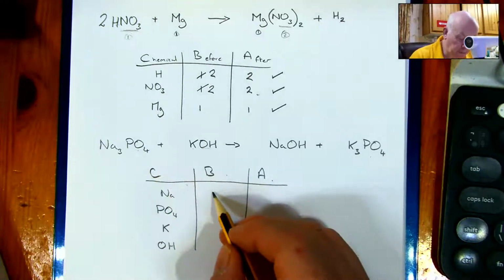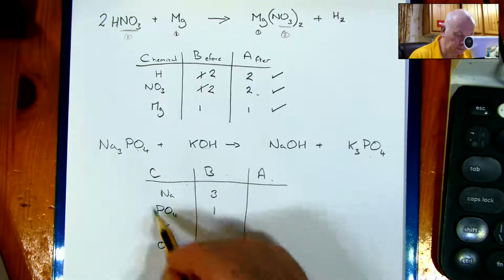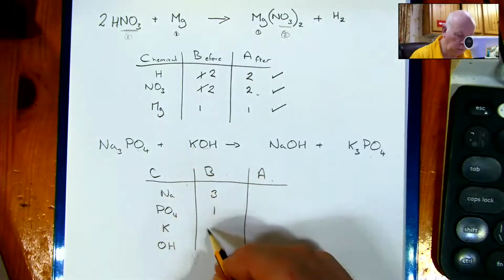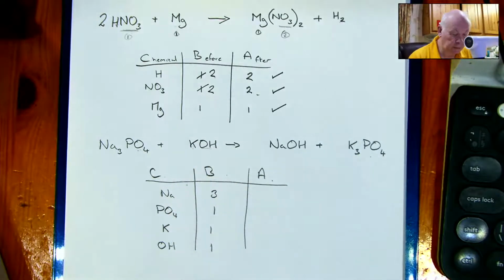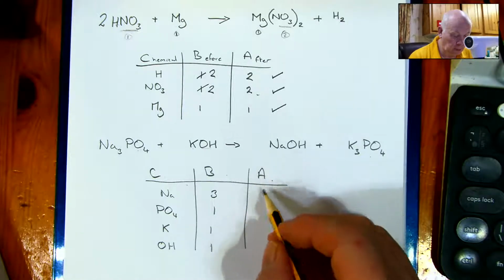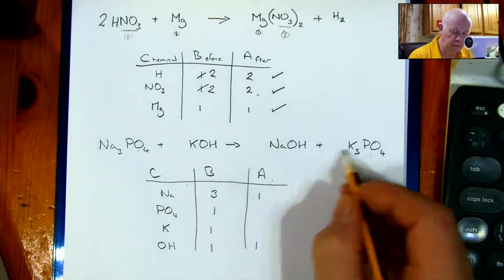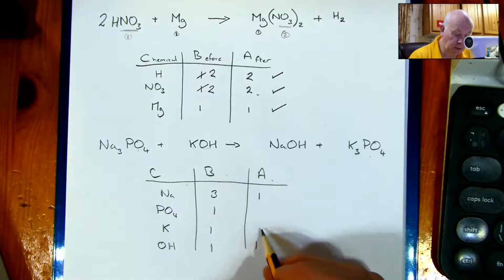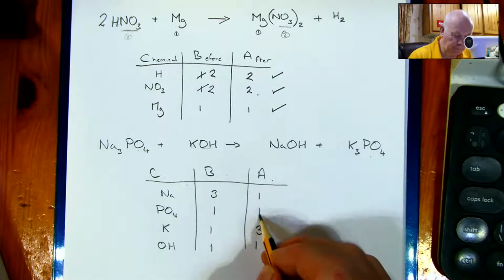I've got 3 sodiums before, and I've got 1 phosphate. I've got 1 potassium before and 1 hydroxide. And after, 1 sodium, 1 hydroxide, 3 potassiums, and just the PO4.